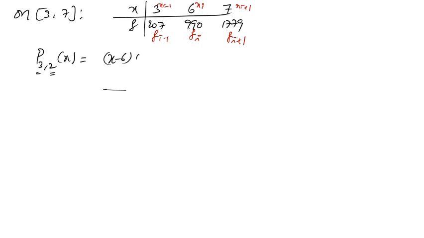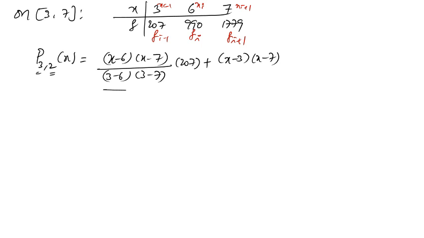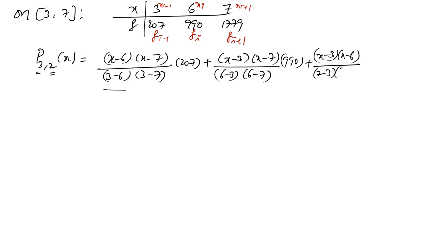X minus 6, x minus 7 by 3 minus 6, 3 minus 7 into 207, plus x minus 3, x minus 7 by 6 minus 3, 6 minus 7, 990, plus x minus 3, x minus 6 by 7 minus 3, 7 minus 6, 1779.